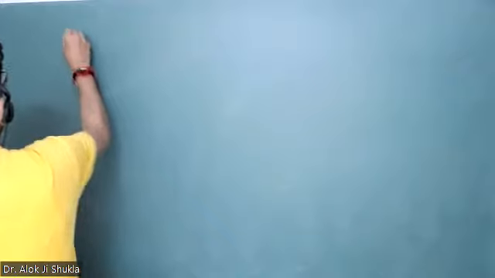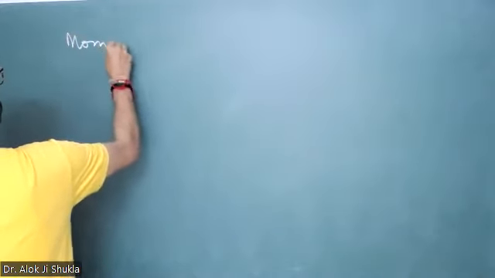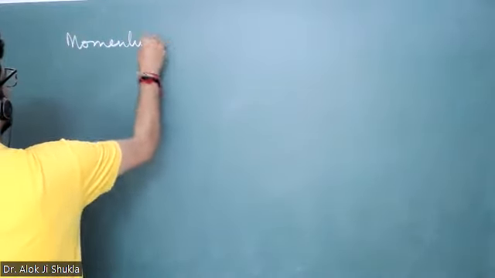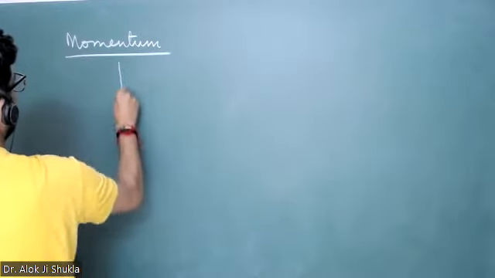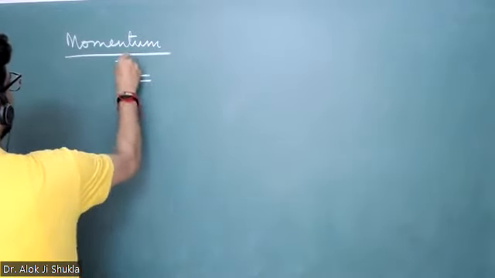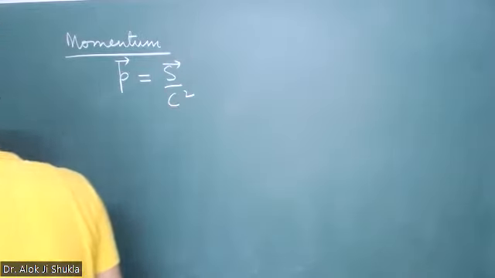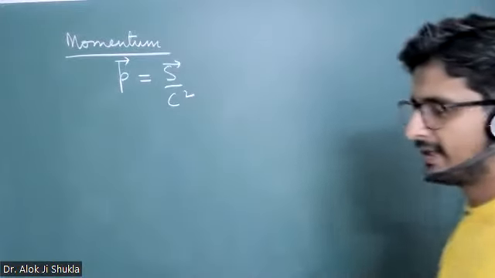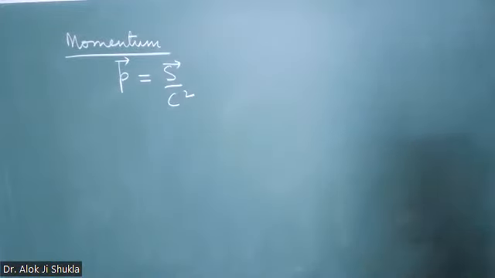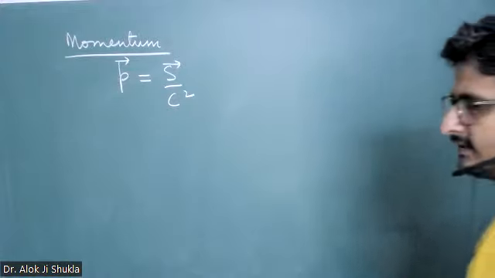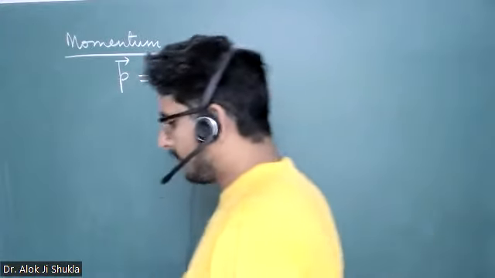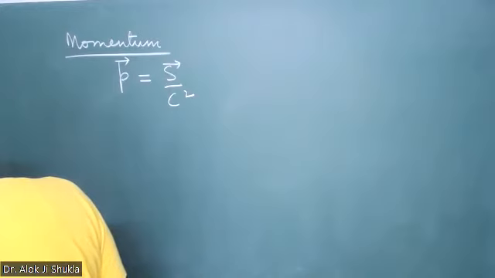So the momentum carried by the electromagnetic wave P is given by S by C squared. Okay? The momentum is given by S by C squared. So if on an average we calculate the momentum, how much will we get?